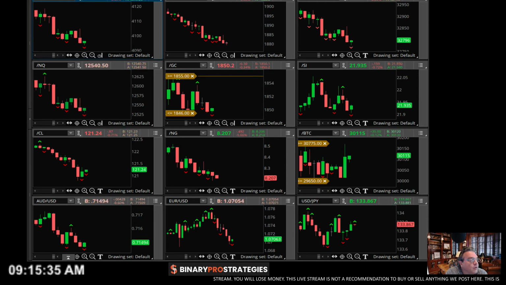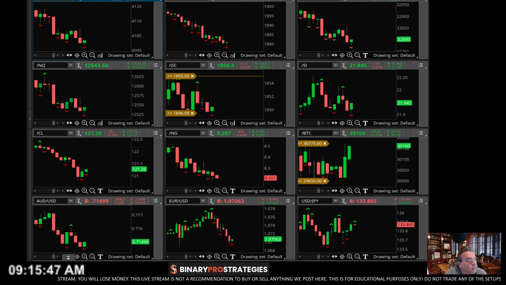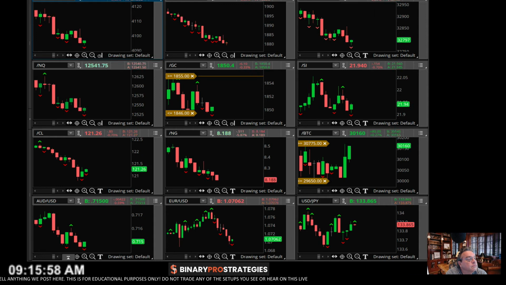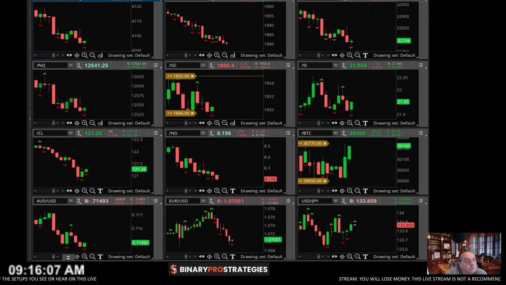The target on that is going to bring you down to 2178 and a half. If we need to reverse on the silver, it's going to reverse at 2216.